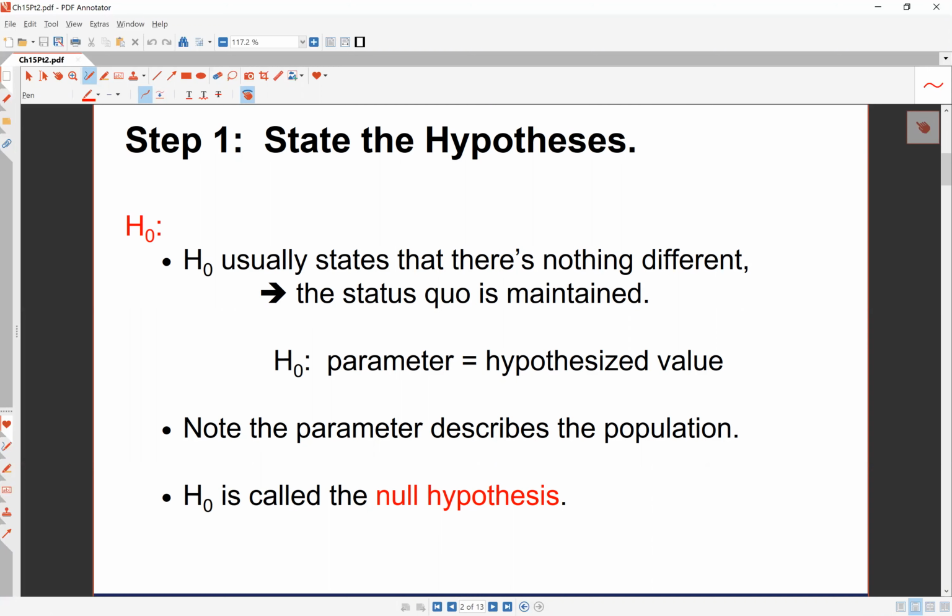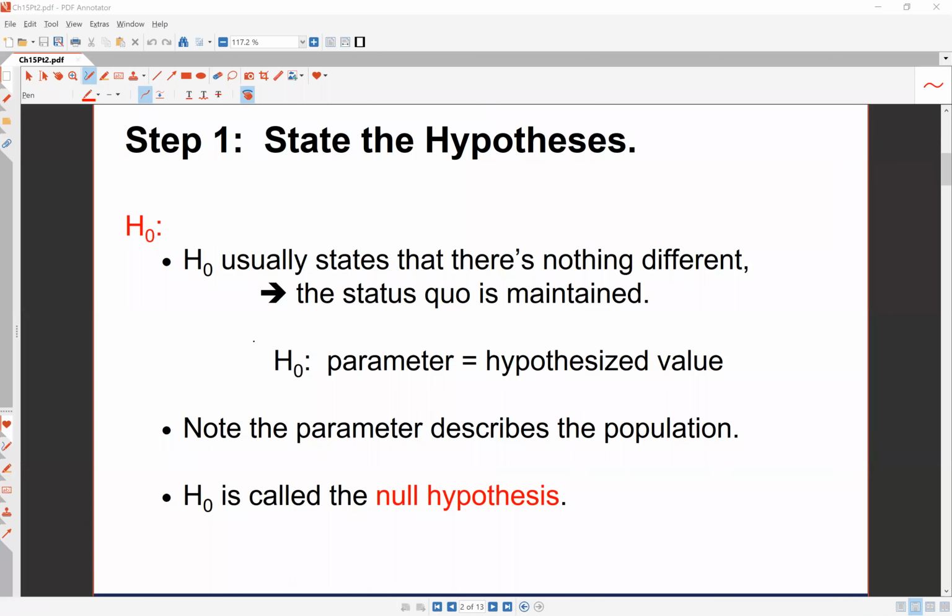That's the way our null hypothesis reads. It's just telling us that there is nothing new or nothing different that's going on. And so because of that, you're often trying to disprove the null hypothesis. But mathematically, it's required that we have this equality statement for our null hypothesis.